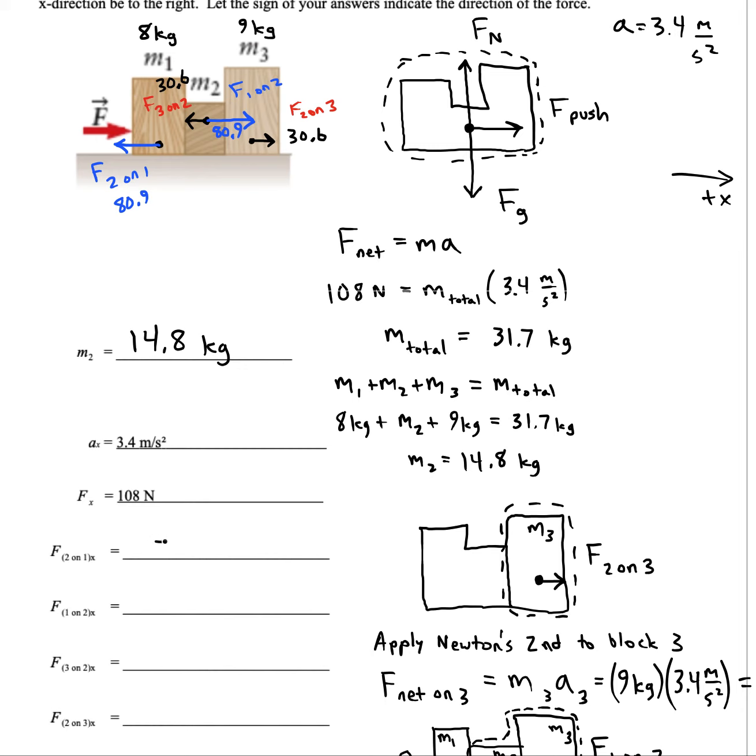So let's put negative 80.9 for that. For 1 on 2, we just need positive 80.9 newtons. For 3 on 2, that's pushing to the left, so negative 30.6. And then for 2 on 3, it's pushing to the right, 30.6 newtons.